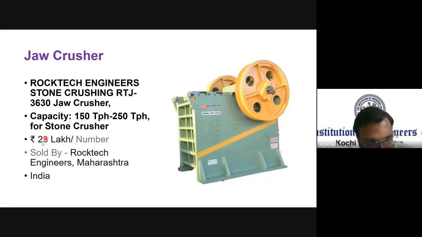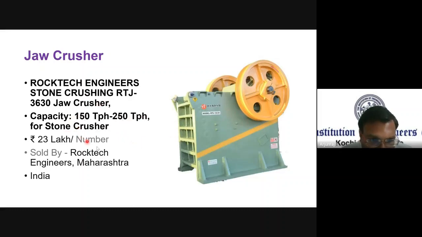Whereas even for a 50 tph, we have seen the cost is something like 55 lakhs. But considering the capacity is on the higher side, this seems to be worth the cost with respect to the capacity.